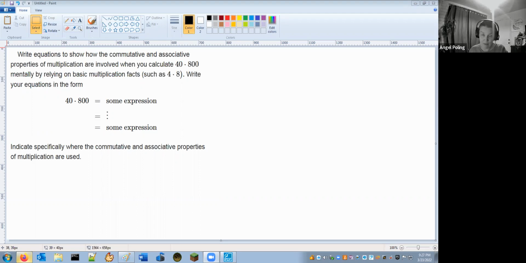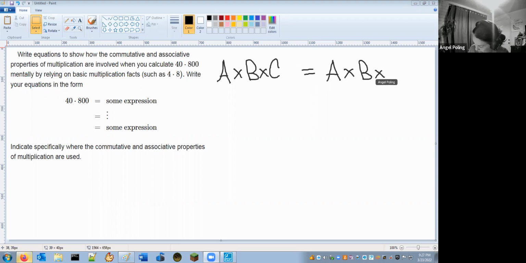Okay, so we are going to remind ourselves what the rules look like. So we have A times B times C, right? And you can move a term or you can reassociate. And really, these aren't terms, they're factors, right?